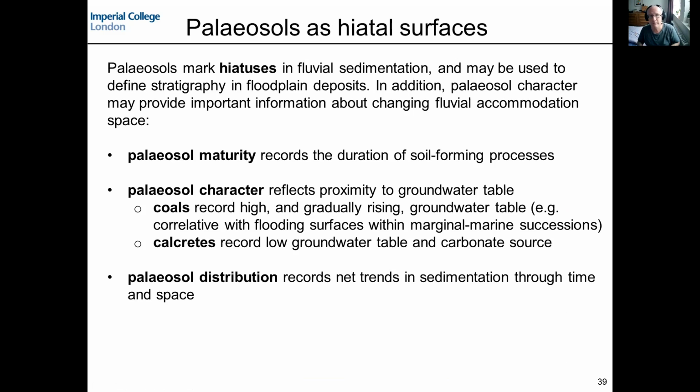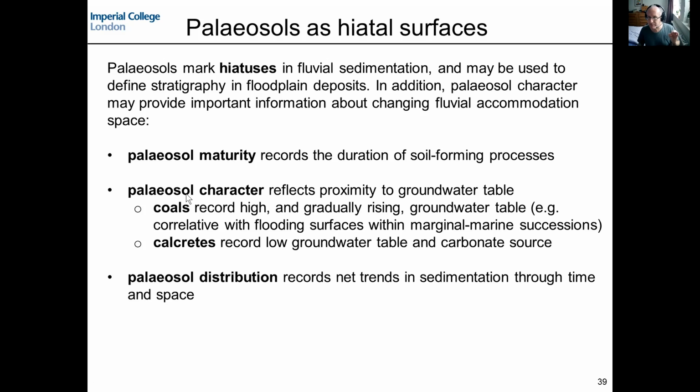That takes time. So where we see a soil or a paleosol, that's an ancient soil, that tells us we have a pause in deposition. That's useful for us because that tells us there's time tied up in those surfaces, and potentially we can correlate them between sections.